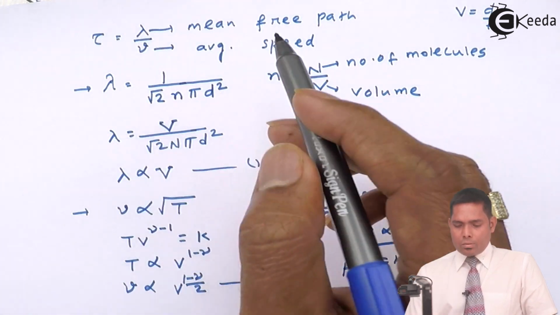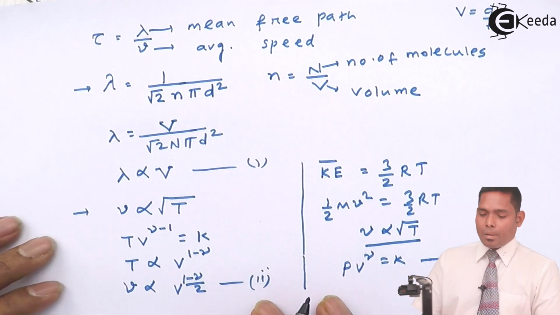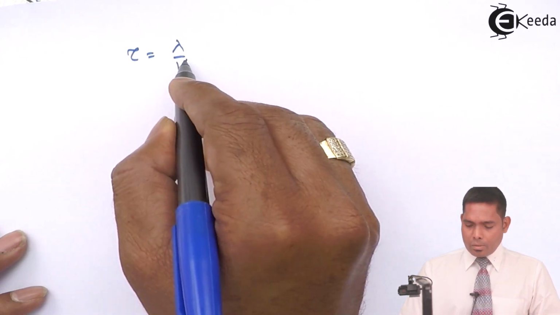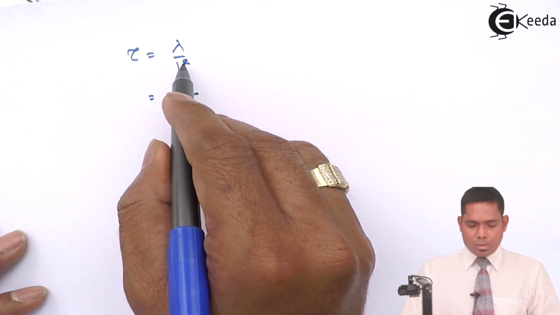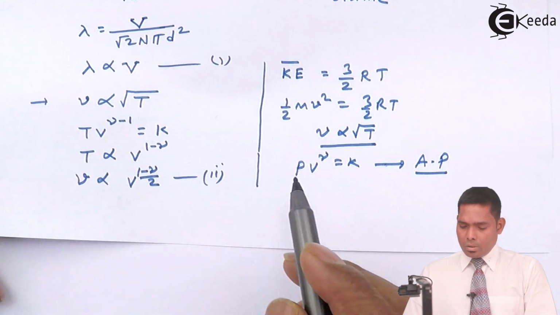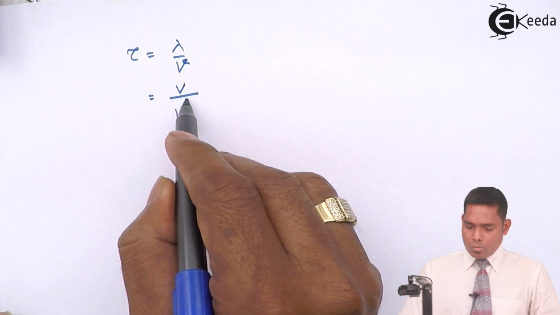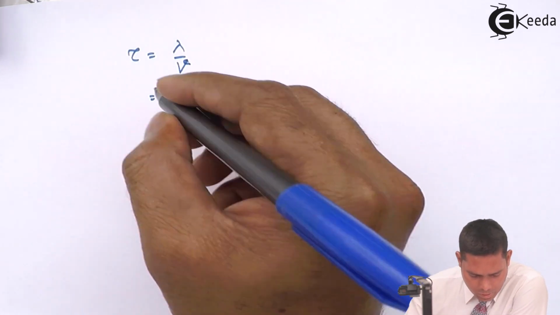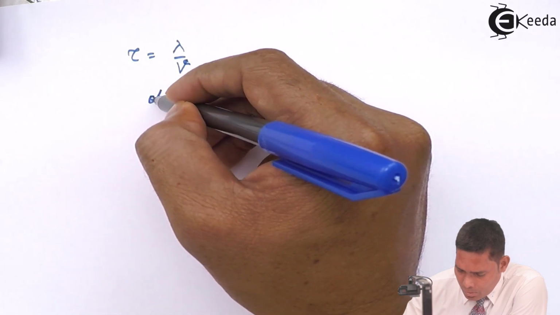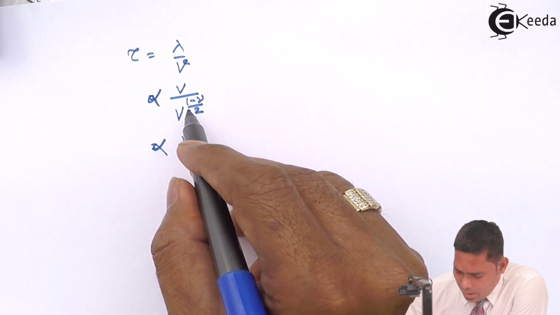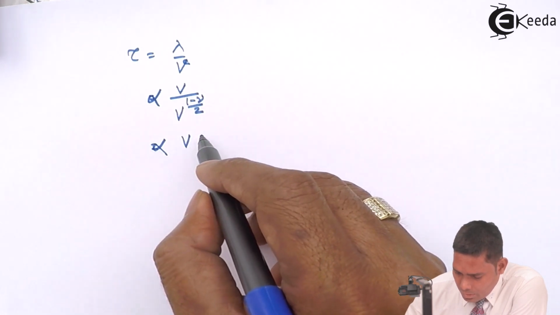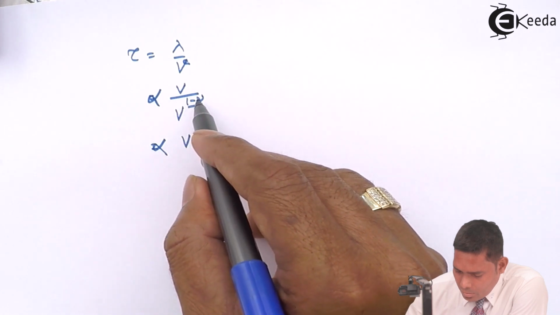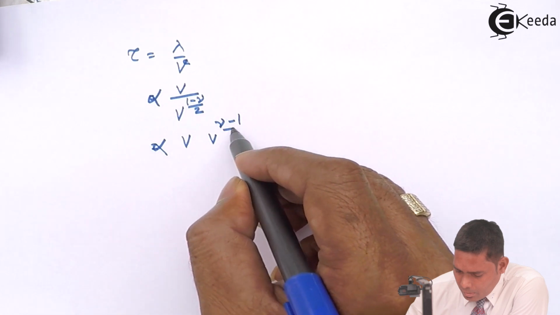Now put this second expression in the first one: tau is lambda by v. Lambda is proportional to V, and small v is proportional to V raised to (1 minus gamma) by 2. So tau is proportional to V divided by V raised to (1 minus gamma) by 2. When this goes to the denominator, the sign changes, so the power becomes 1 plus (gamma minus 1) divided by 2.